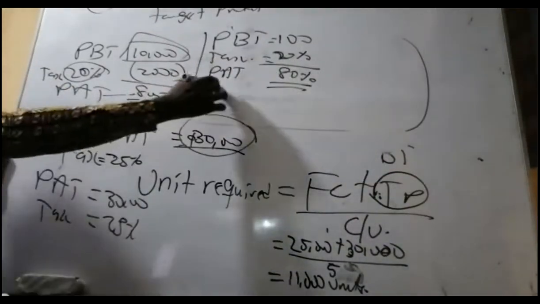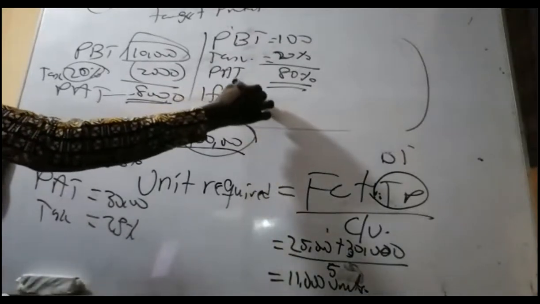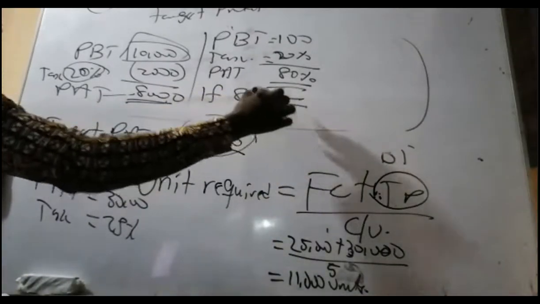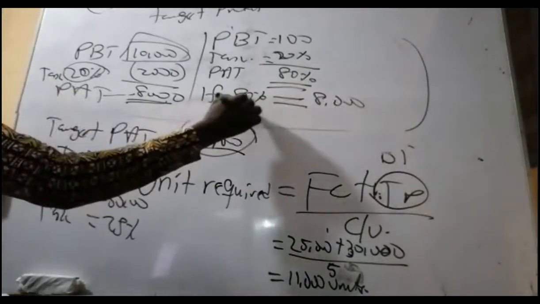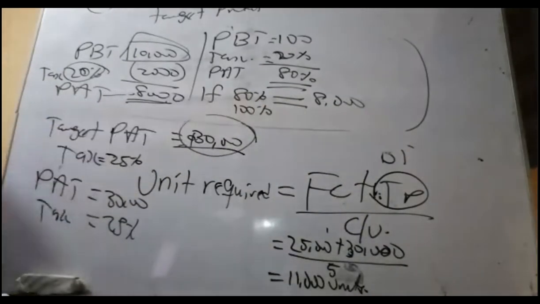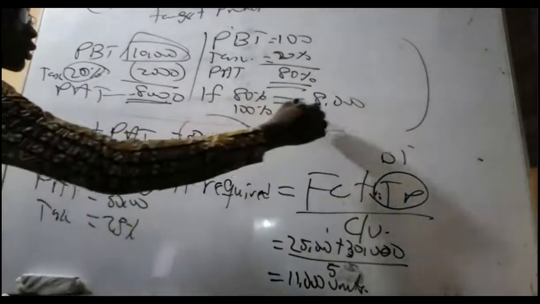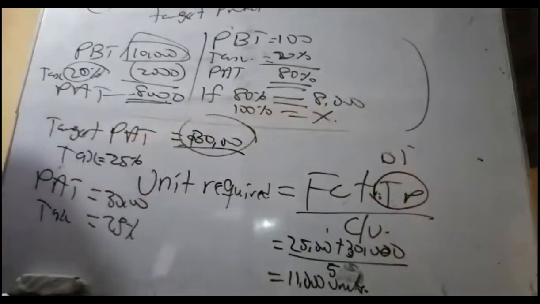So tell the examiner, if 80%, which is this profit after tax, represents 8,000, then 100%, which is the profit before tax, will be equal to what? Then you try it.